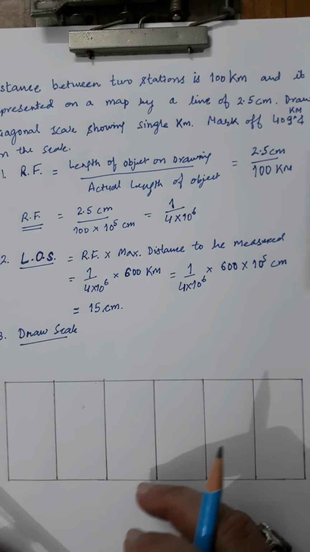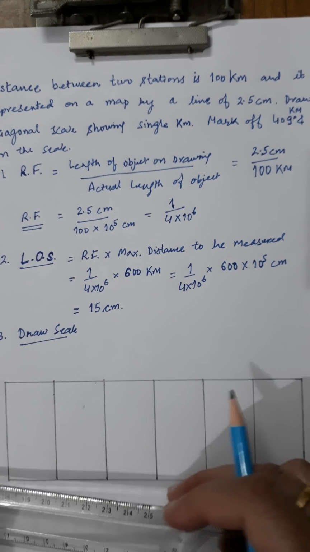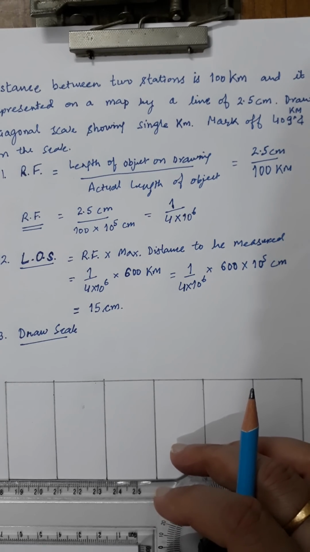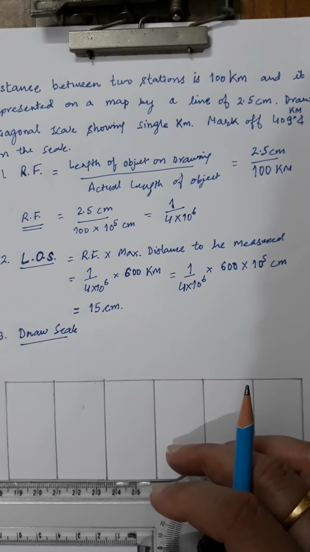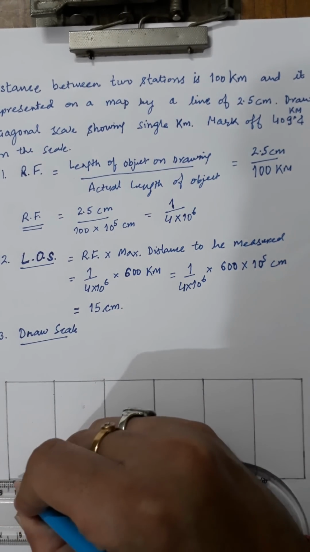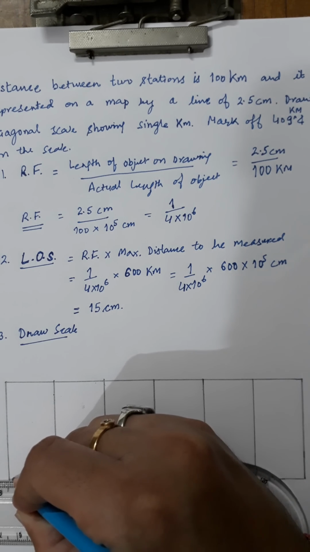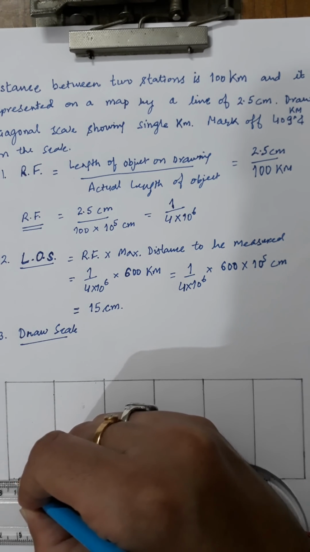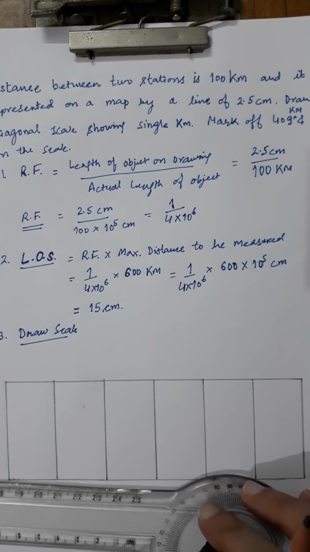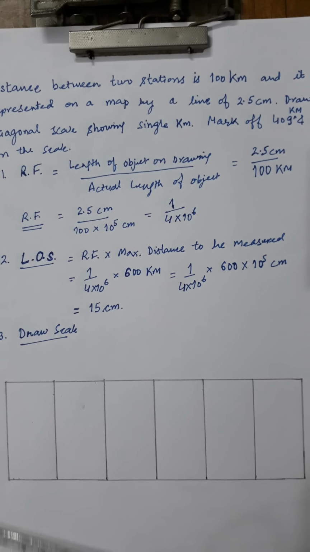Now the first subdivision is to be divided into 10 equal parts. So I am going to divide this into 10 equal parts, using the acute angle line method.